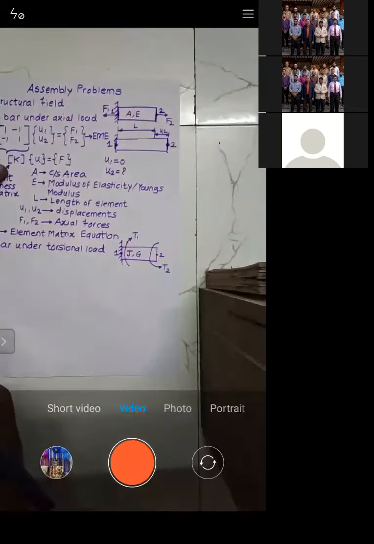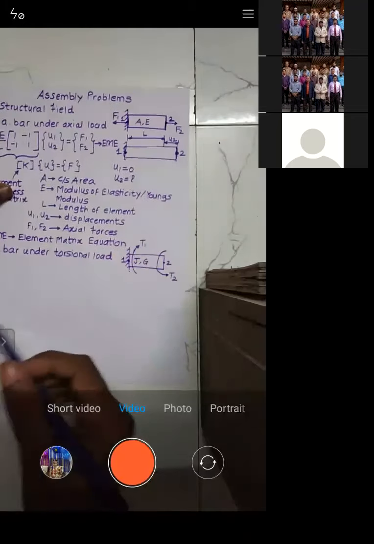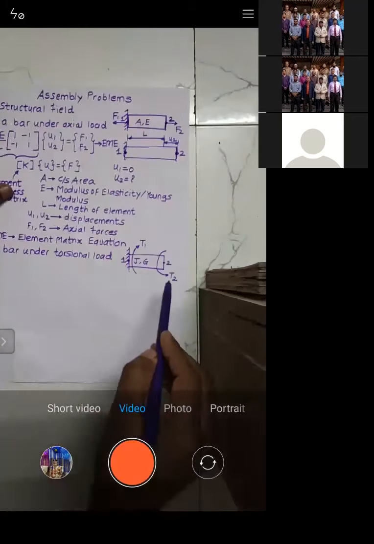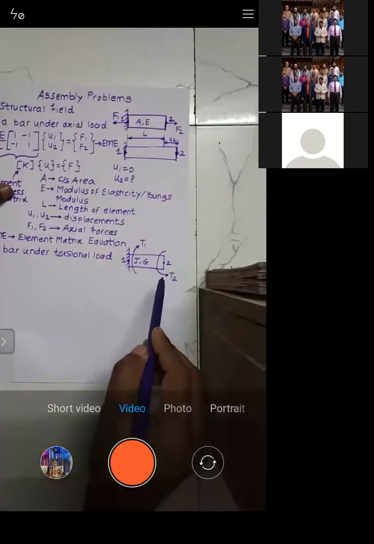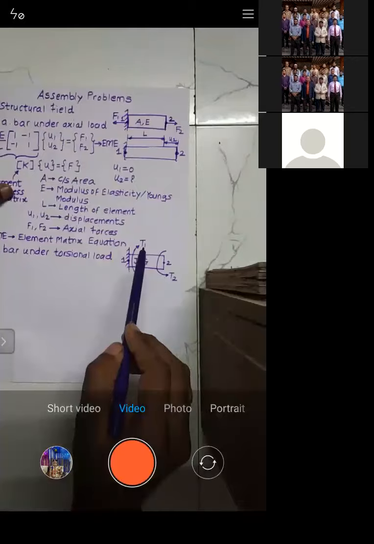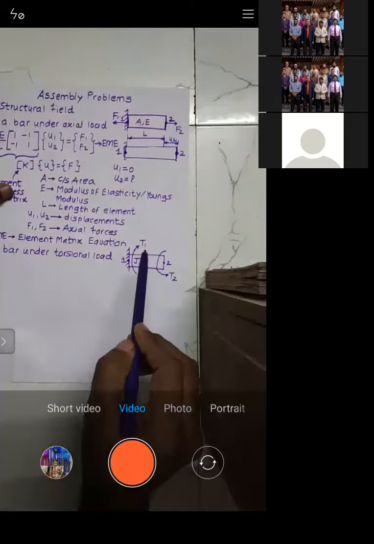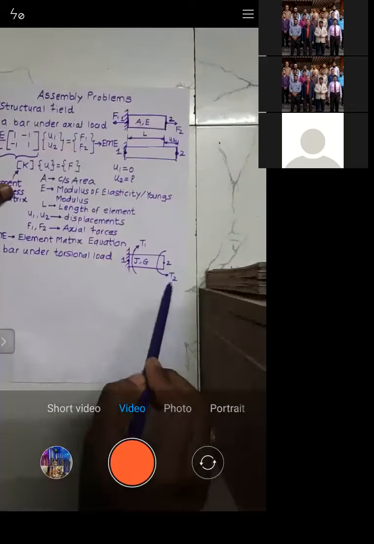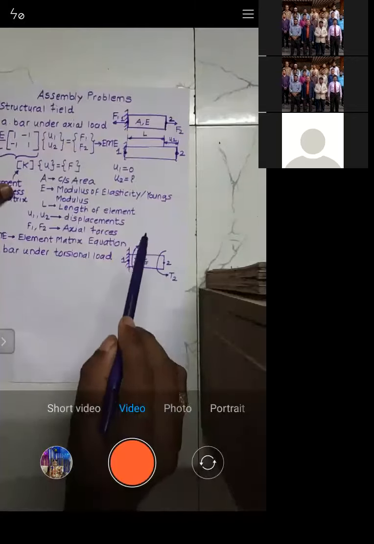For every action, there has to be an equal and opposite reaction. So if you apply T2 torque in the anti-clockwise direction, T1 torque will be generated in the opposite direction of T2.